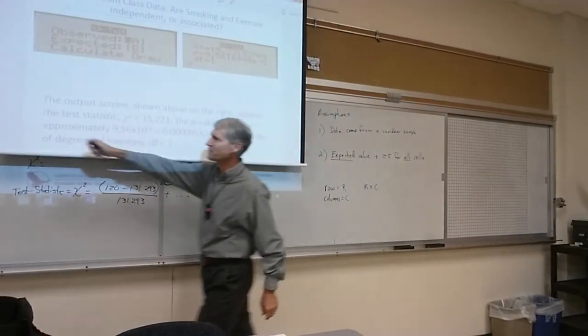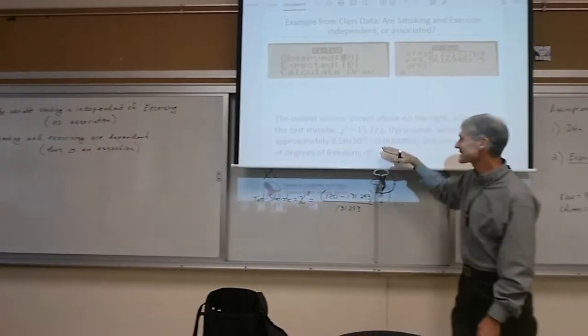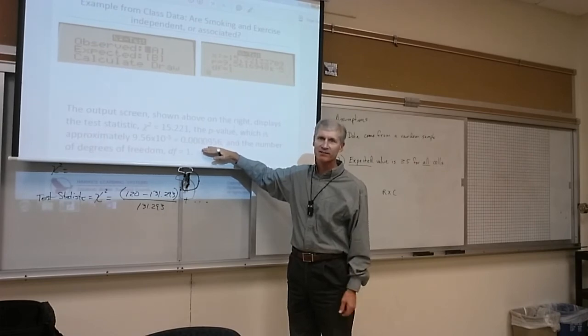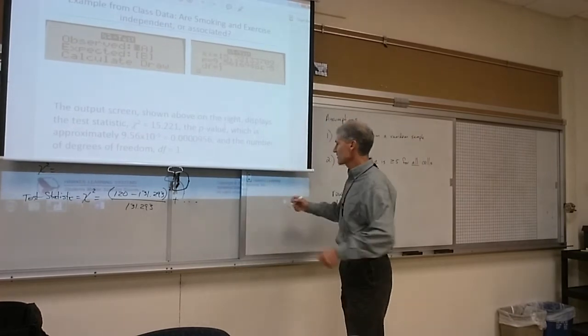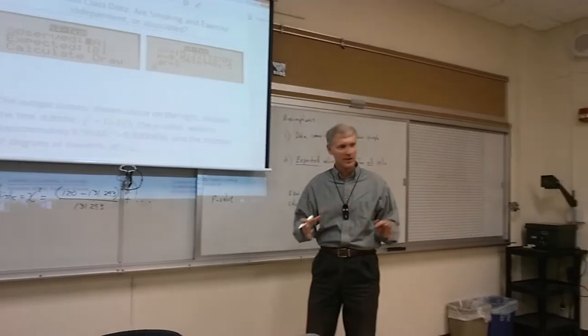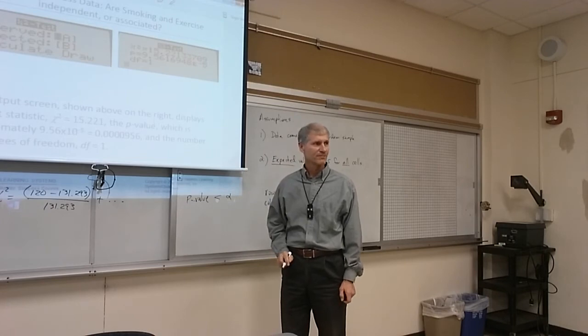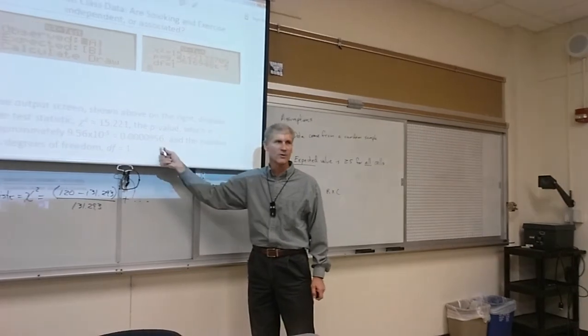If the null is true, if there's really no association between smoking and exercise, you pretty much can't get data like you got. So if you can't get data like this when the null's true, but I did get data like this, the null must not be true. So I'm going to reject it. If you don't have the intuitive sense of that, hopefully it will come. But if the p-value is less than alpha, you reject the null. And our alpha was 0.01. That's clearly less than 0.01.